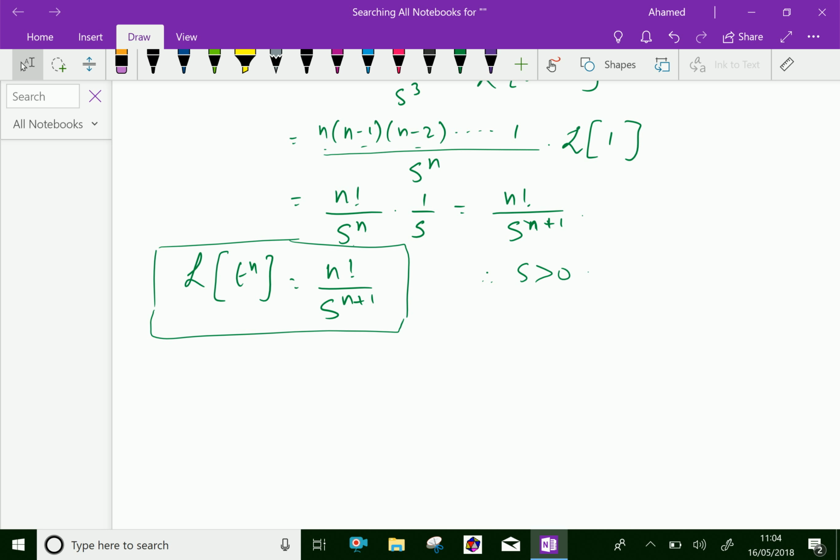Suppose the Laplace transform of t power 5 is nothing but 5 factorial over s power n plus 1, that is s power 6. Whatever the index n, we can write it and get the value of the Laplace transform of those functions.